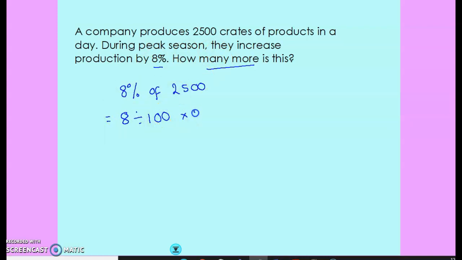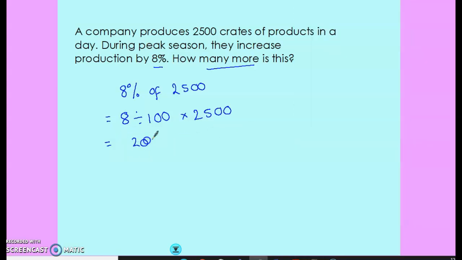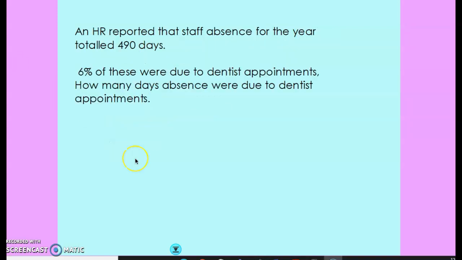It still means out of 100. So we are still doing 8 divided by 100 times 2,500, which is 200. So it would increase by 200 crates.